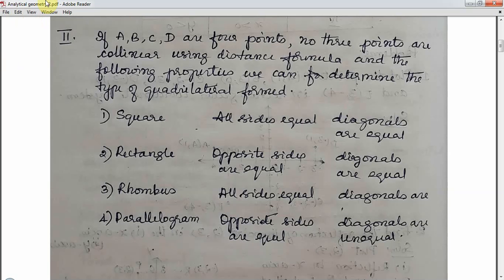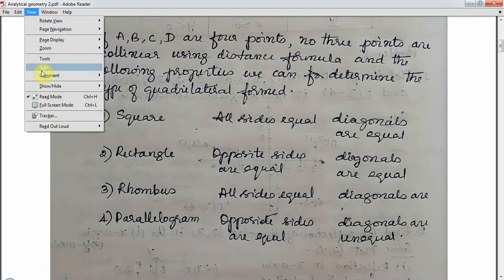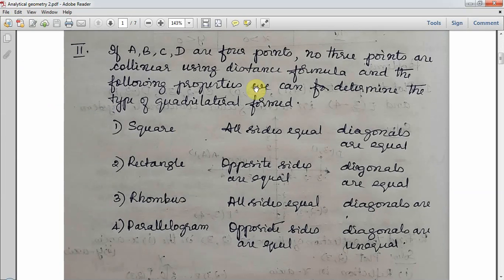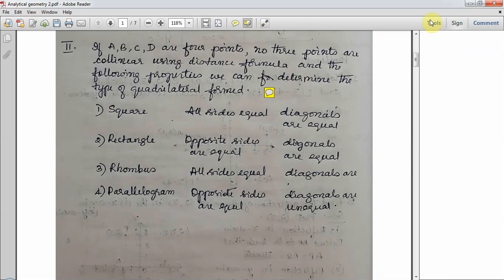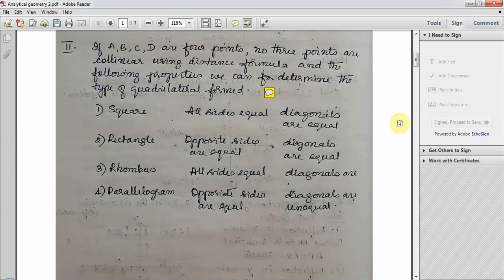Rhombus is nothing but, I hope you know the rhombus.